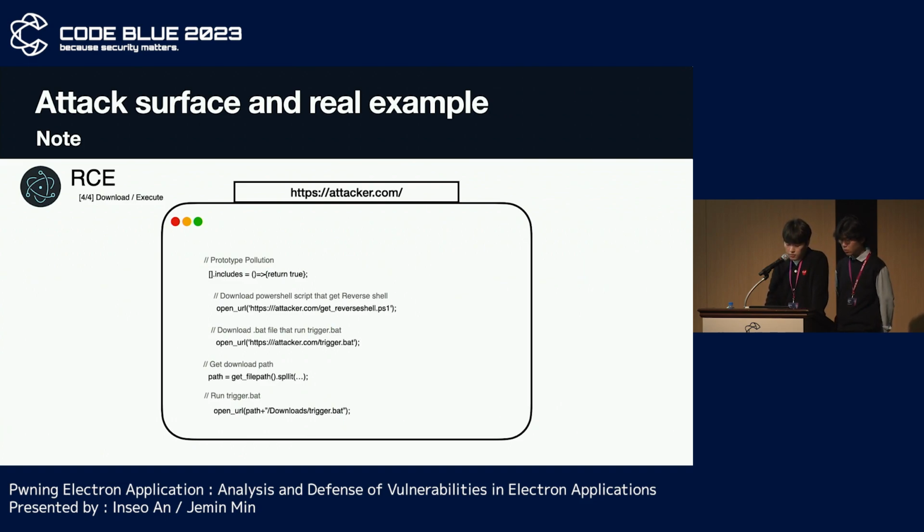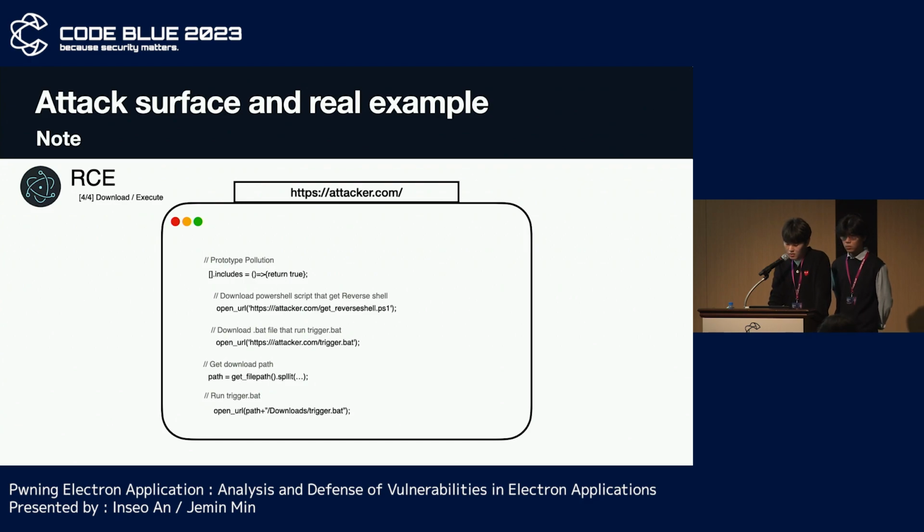Let's look at the attacker's website code and explain it in detail. We first bypass the sanitization by using prototype pollution to execute the file.